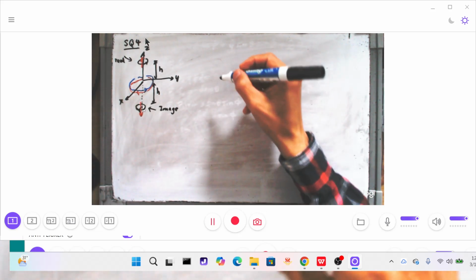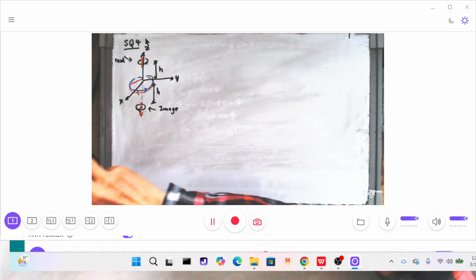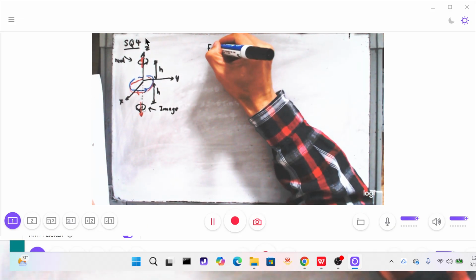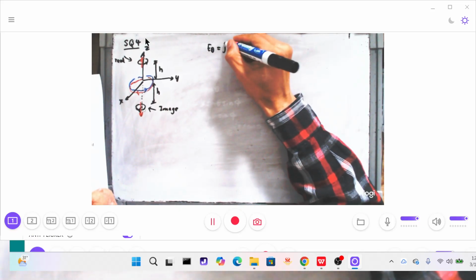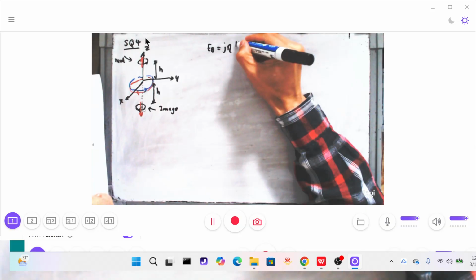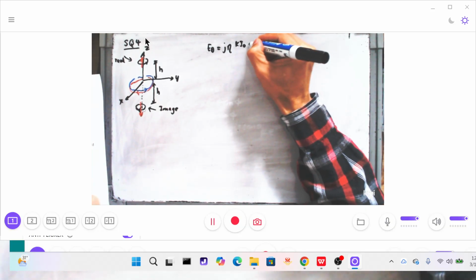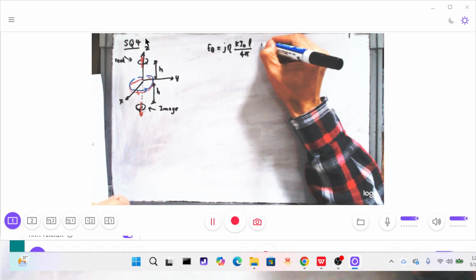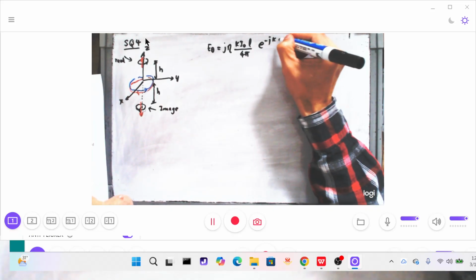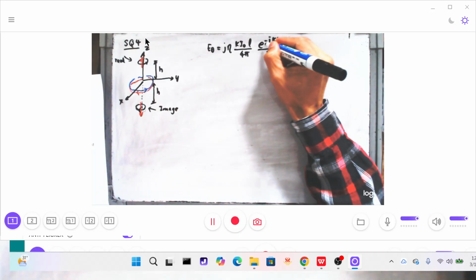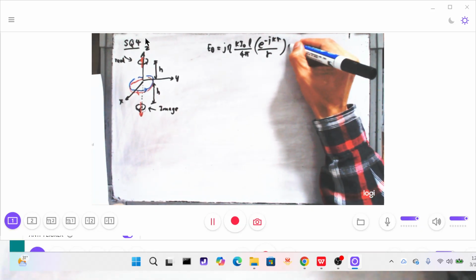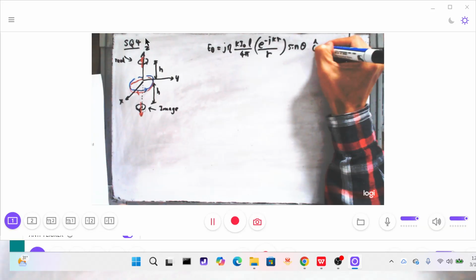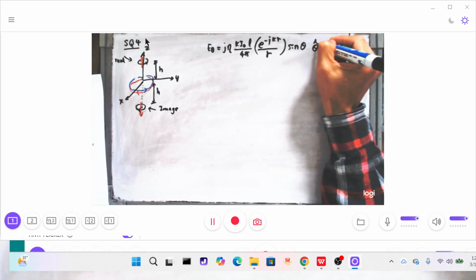Now the electric field as given by the question, E theta, is equal to K I naught L over 4 pi, e to the power of minus j K R divided by R, times sine theta. This is the electric field in the direction of theta.